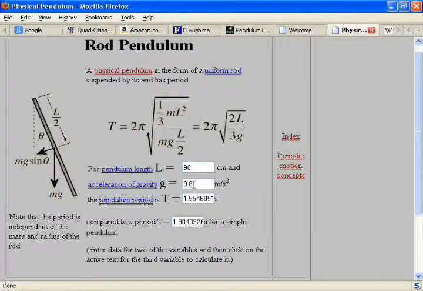which is what it should be on the Earth. Now let's take a look on the Moon here. What's the acceleration of gravity on the Moon? 1.622. So what would it be on the Moon? Almost 4 seconds. For a simple pendulum, it'd be almost 5 seconds.